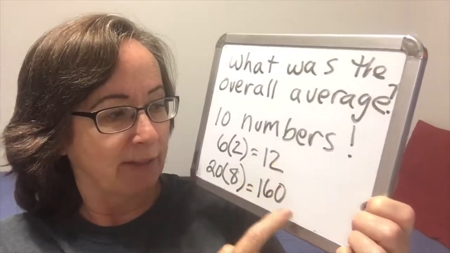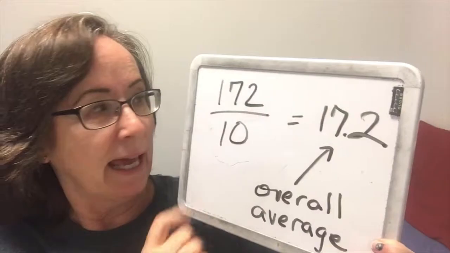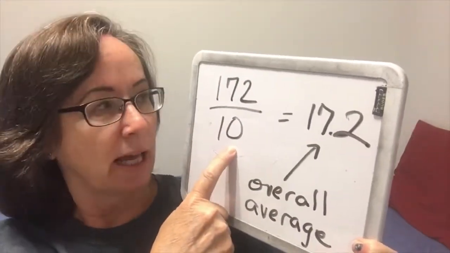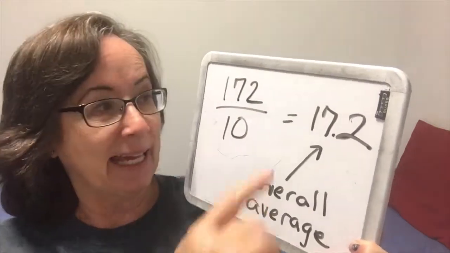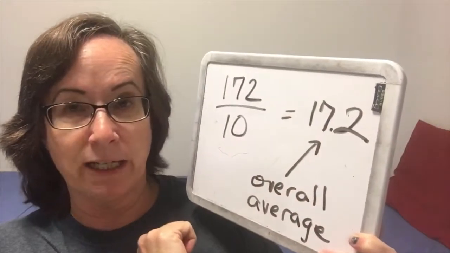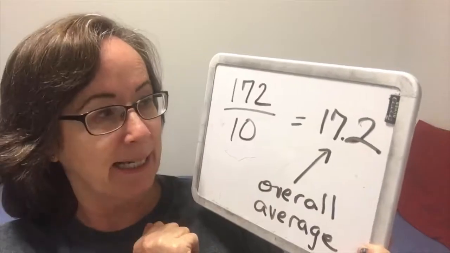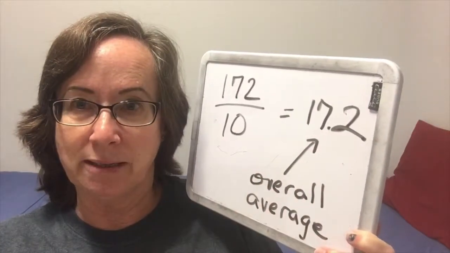So we add the 12 and the 160 together, and we get 172. And we have 172 as our count, and we have 10 numbers. So we divide 172 by 10, and we say each number, the overall average is 17.2 because I had a total count of 172 divided by 10. So my overall average is 17.2.